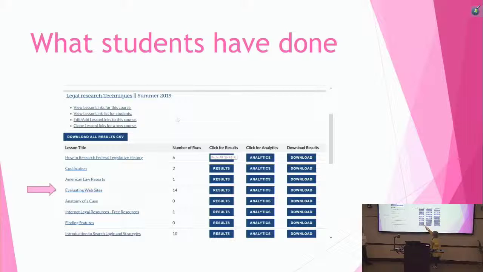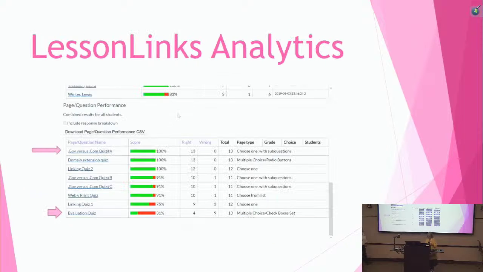And so here are the CALI lessons I've used, and then here are my analytics that you can see. We can go into one of these, we're going to go to the evaluating website, and you start seeing what is going on. And over on the left, those are all the questions in the CALI lessons. You can click on those and go see what the lesson was, where it was in the lesson.